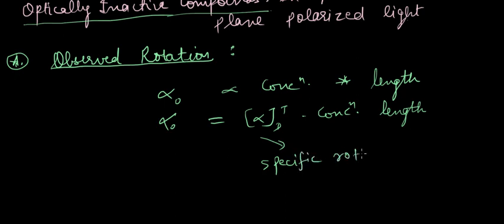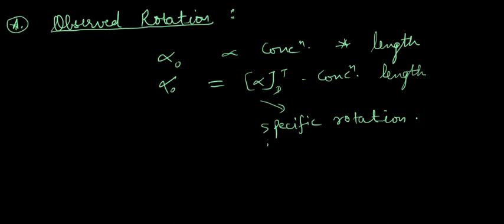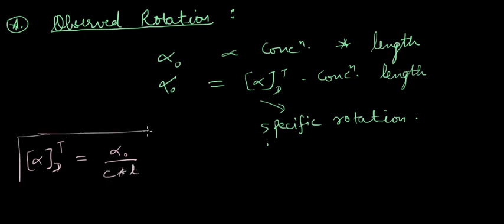Specific rotation. Hence, we can say that the specific rotation at a particular source of light and temperature is equal to observed rotation divided by concentration into length of the polarimeter tube. And some of the units for this: alpha is the observed rotation.